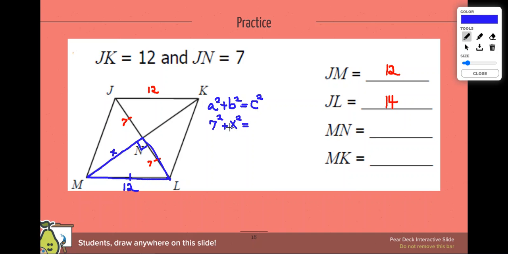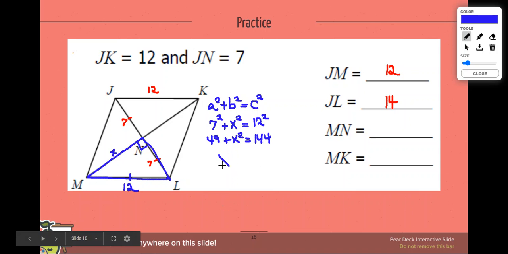It's important that if you're solving for a leg, it's either a or b. And we've been given that 12 squared is c, our hypotenuse. So that gives us 49 plus x squared equals 144, or x squared is equal to 95.